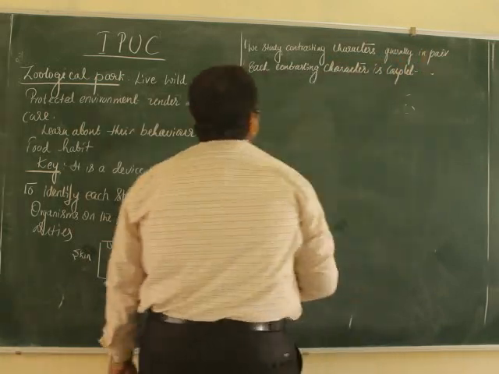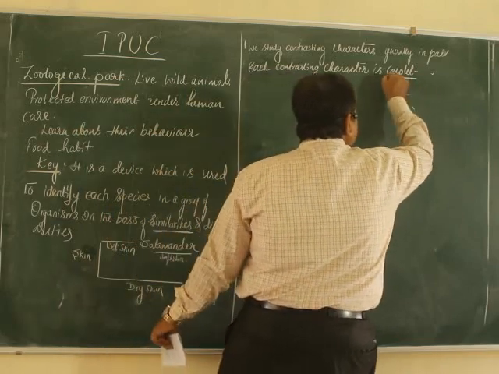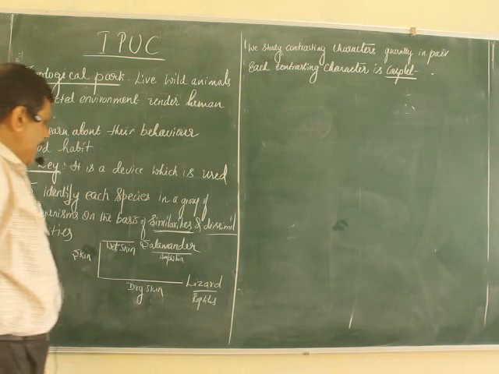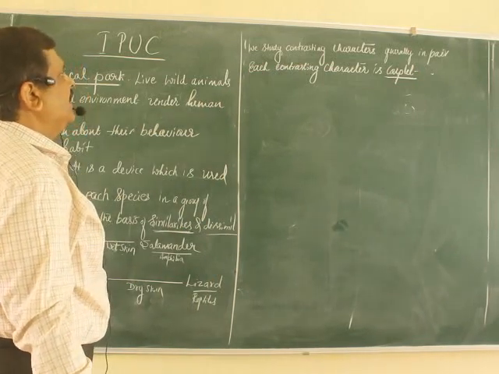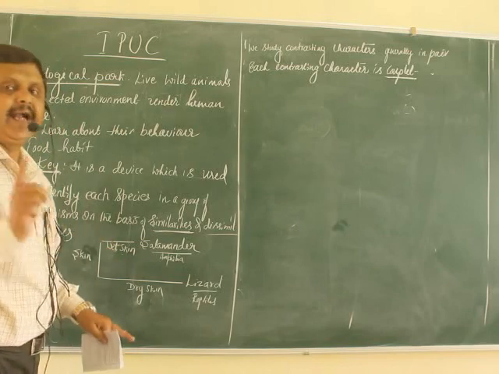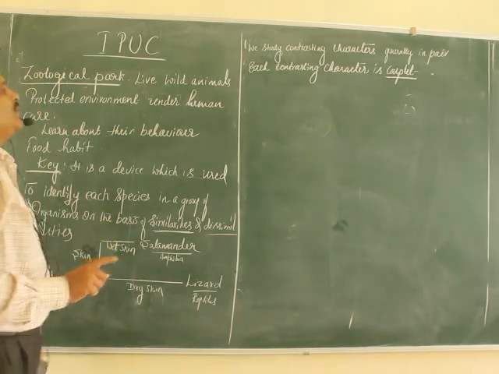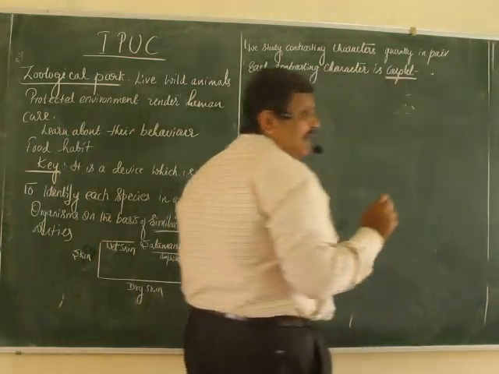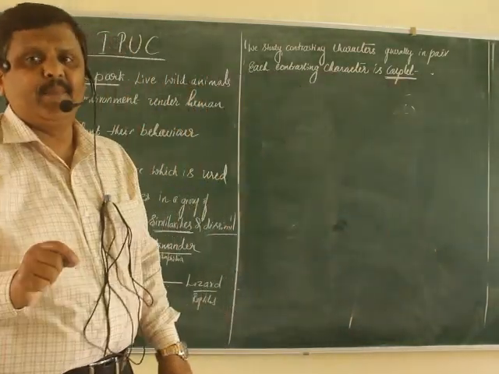Couplet, this word is important. Each contrasting character is called couplet. So here, dry skin and wet skin are the contrasting characters. So the nature of the skin is one couplet.